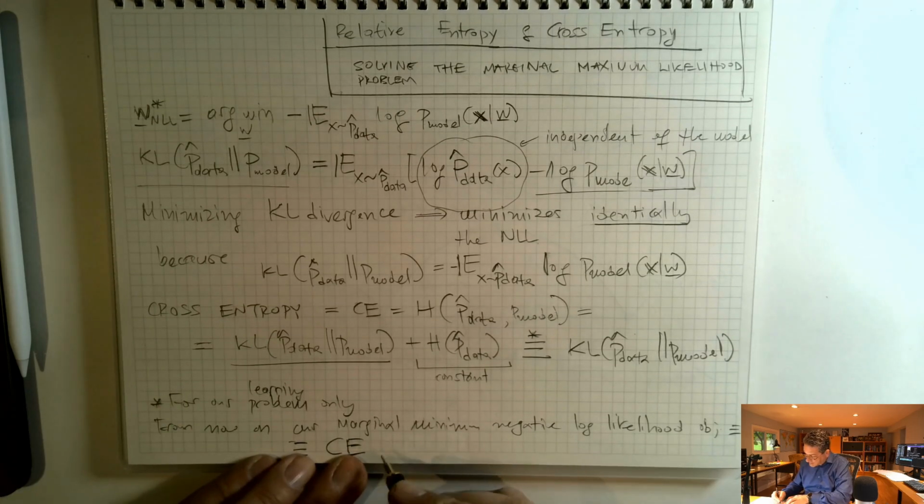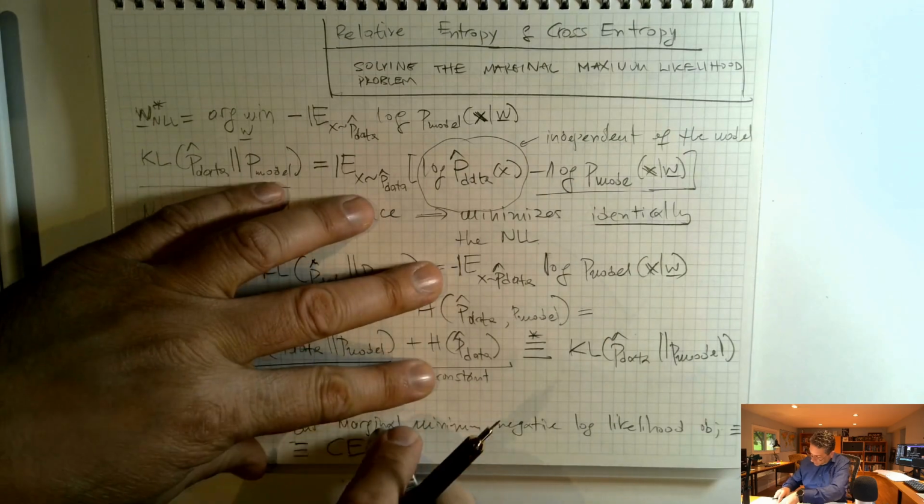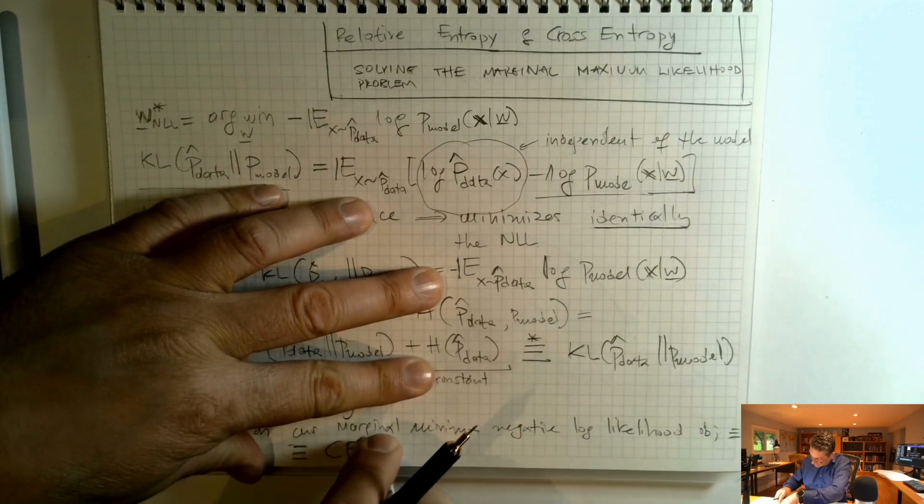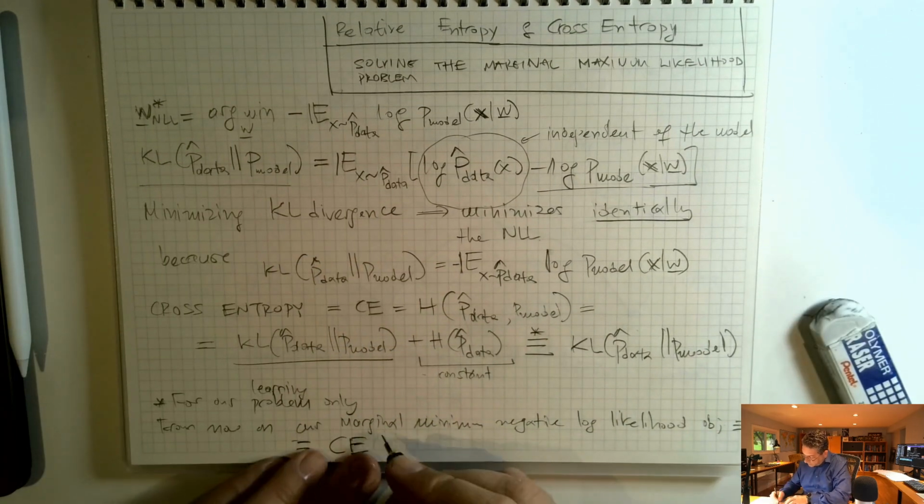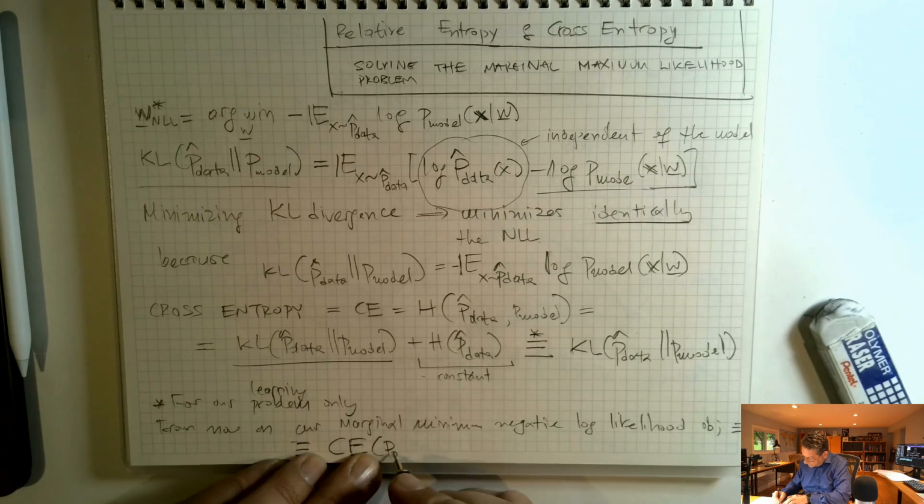And we'll be symbolizing cross entropy, since in this specific problem we have no labels, simply as the cross entropy of P data hat and P model.